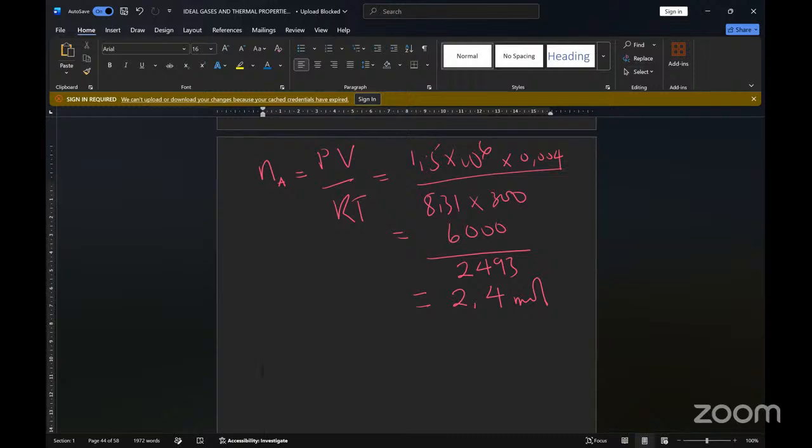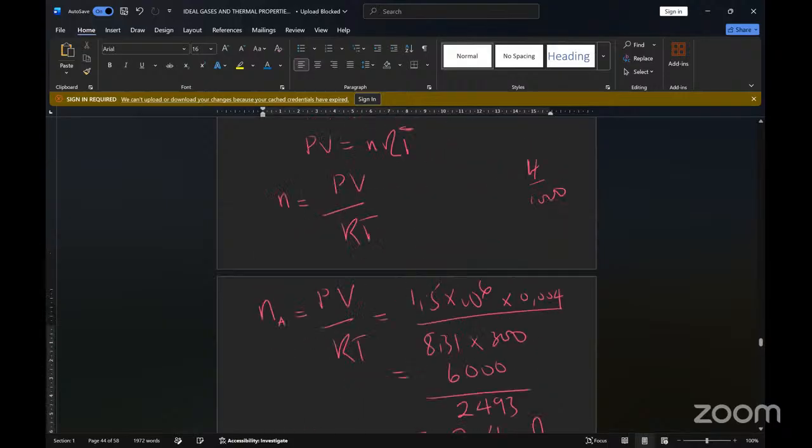The next one is Nb. So do the same thing, PV over RT. Let's go back to the diagram.